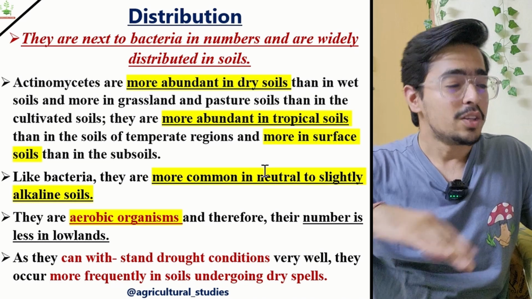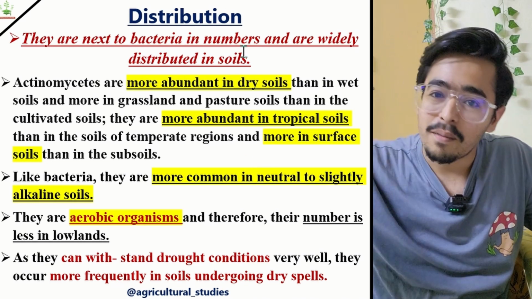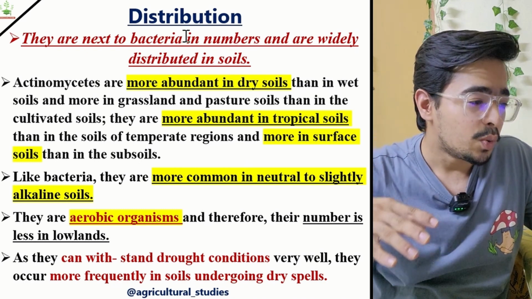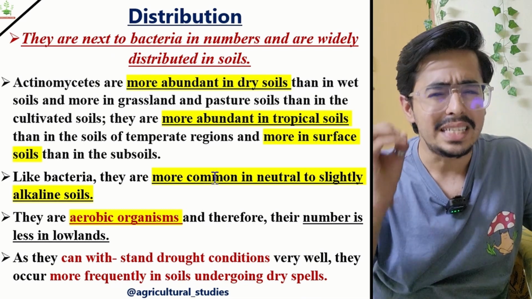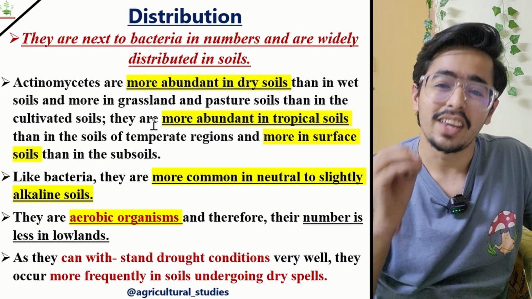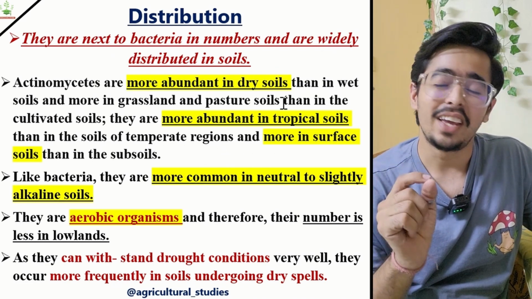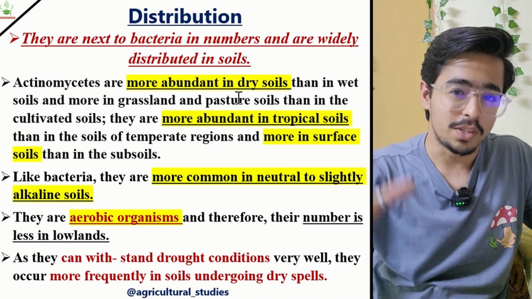In the topic related to the actinomycetes distribution in the soil, I have collected the various facts from various books. These facts are directly asked in the various examinations. So please kindly learn these facts that are really important. Whenever I highlight any line, that means in my perspective it is most important.